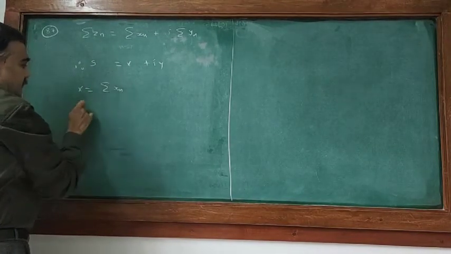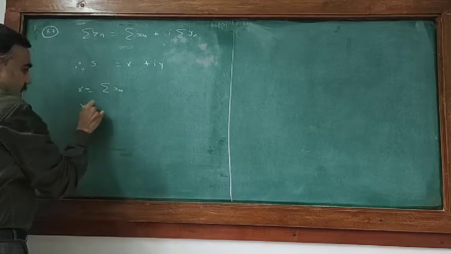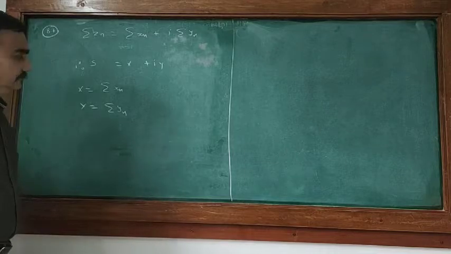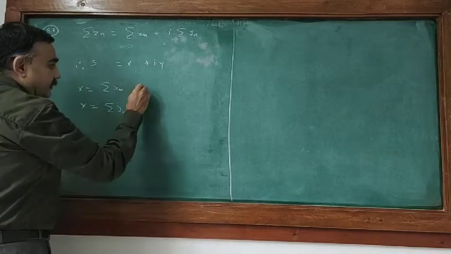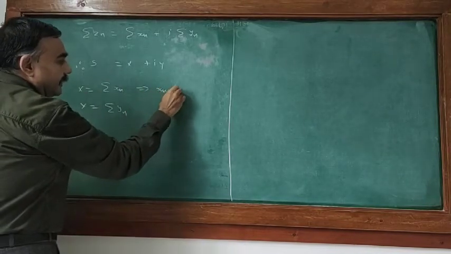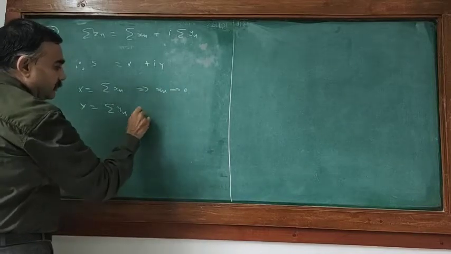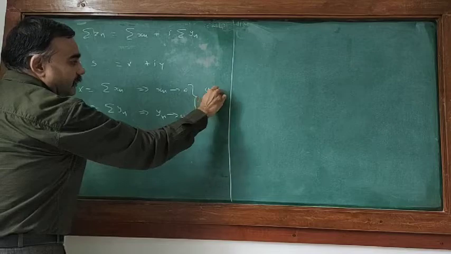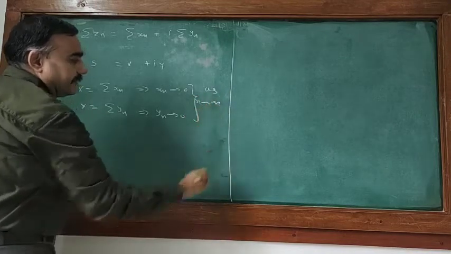Xn is a real number, and Yn is a real number. This is convergent. This means that xn converges to 0, and this means that yn converges to 0 as n tends to infinity.